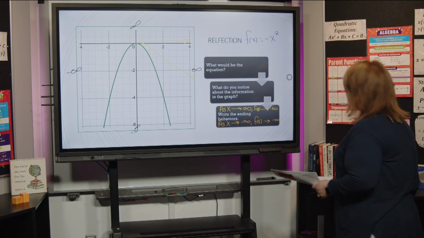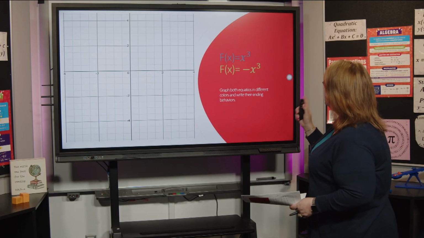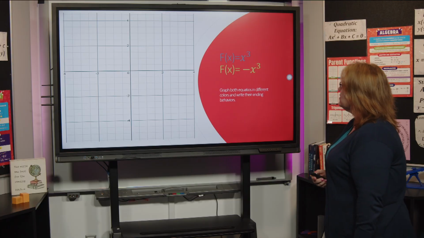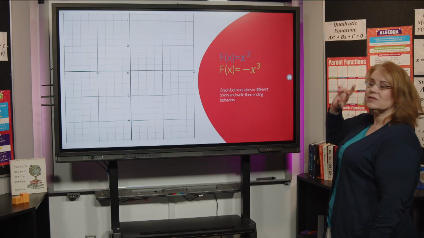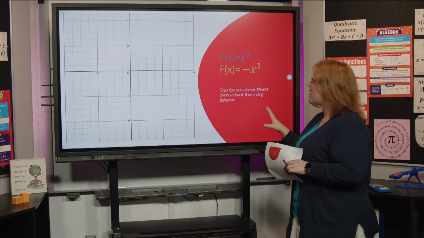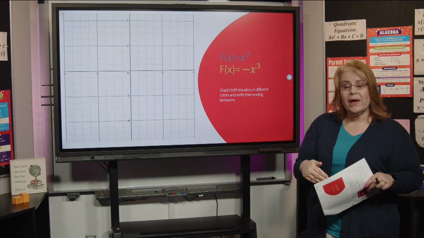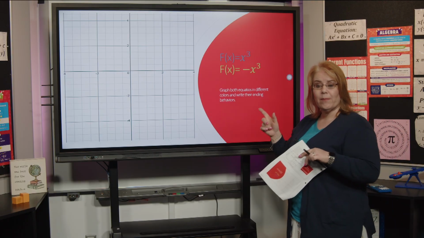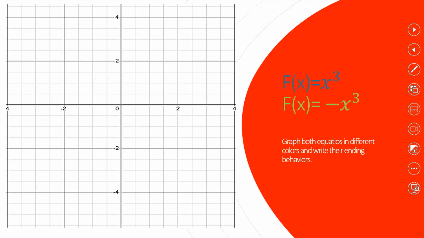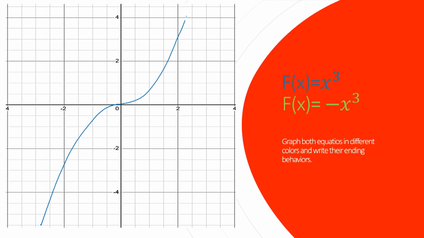Good job. All right, so let's graph both of these. All right, so I'm going to use these two colors. While I graph up here, you graph on your paper or your notes page and let's compare. So here we go. Let me get the blue. So my blue graph is going to look like, and remember Ms. Killen cannot draw a straight line to save her life, so please take this in consideration.